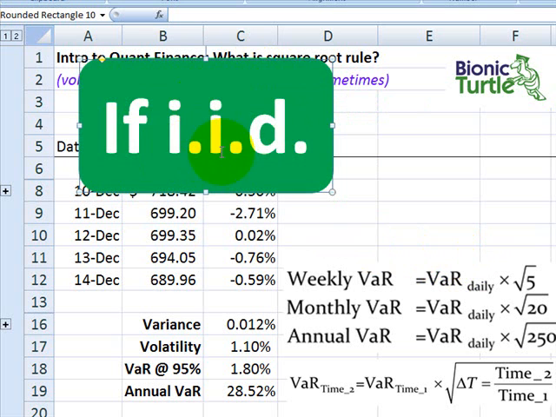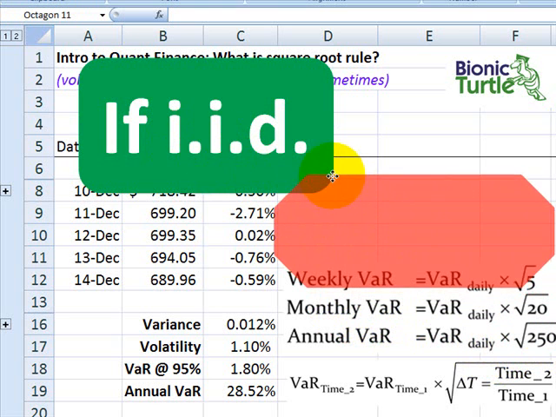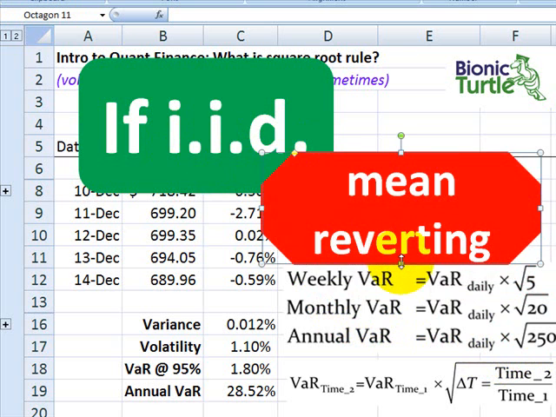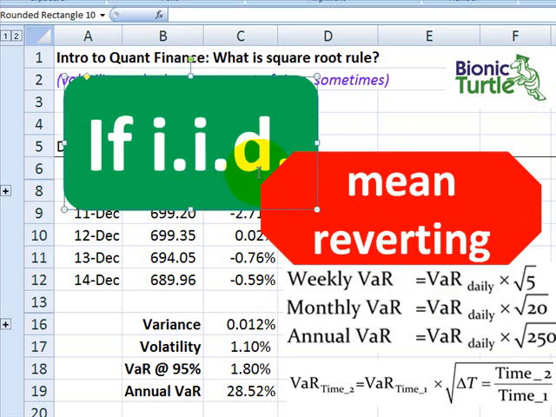And so there are two conditions in there, independence and identical distribution, that we can violate right away. We can violate them in at least two different ways. Well, three, I think. First, if the return volatility, or the periodic returns for that matter, either the returns or the return volatility, if either of those exhibit mean reversion, well, technically we violated the conditions for the use of the square root rule.